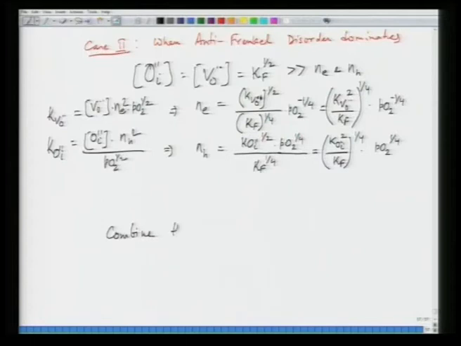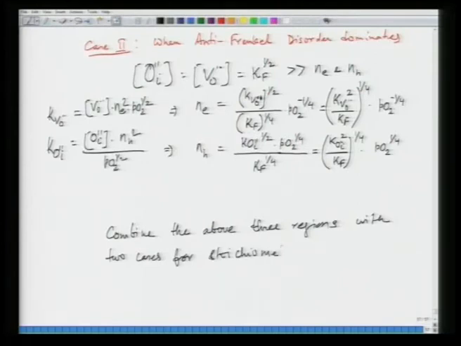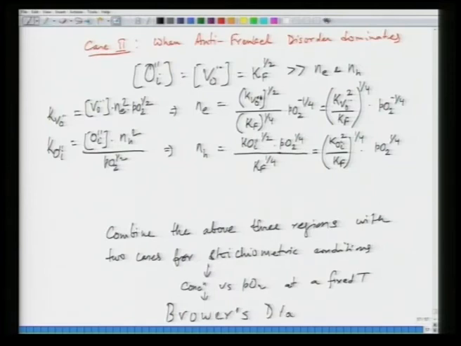Combine the above 3 regions with 2 cases for stoichiometric condition, and this will give rise to concentration versus PO2 diagram at a fixed temperature, and this will give you what is called Brouwer's diagrams.